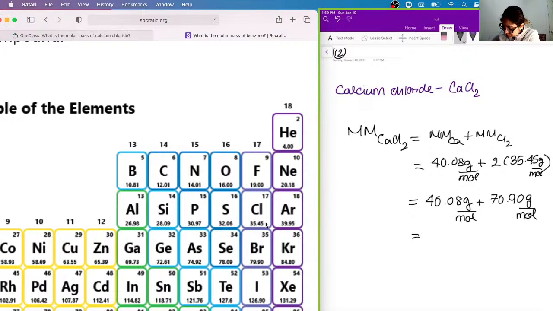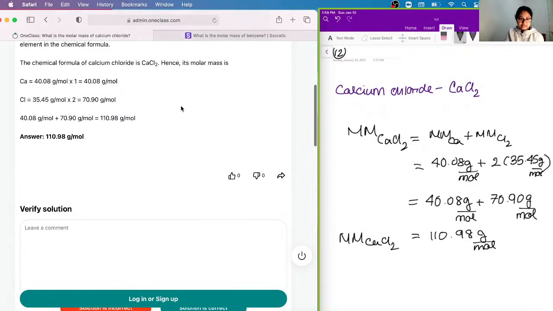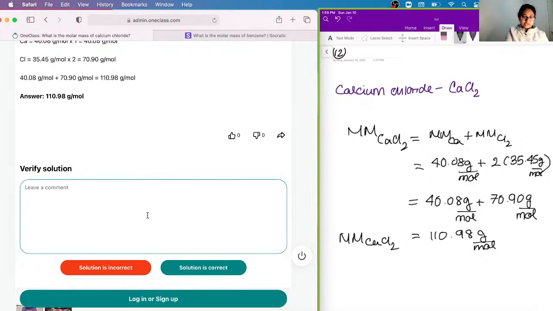And when you add these two together, you would have 110.98 grams per mole. Okay, so your molar mass of calcium chloride is 110.98 grams per mole. So the solution here is correct.